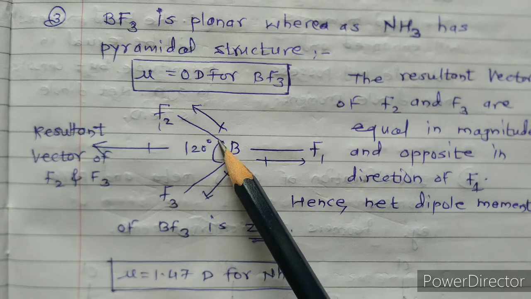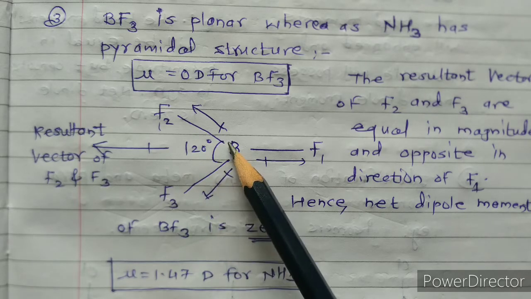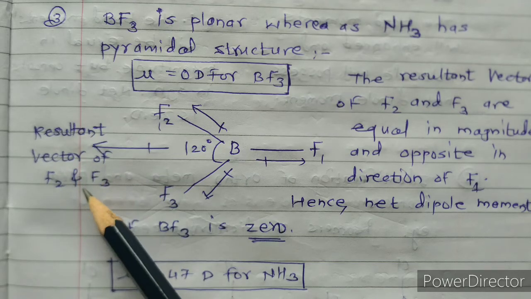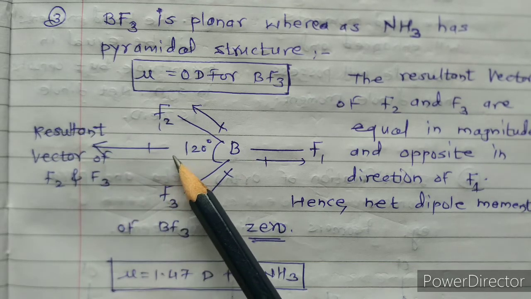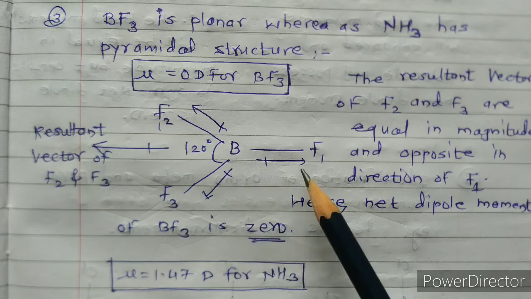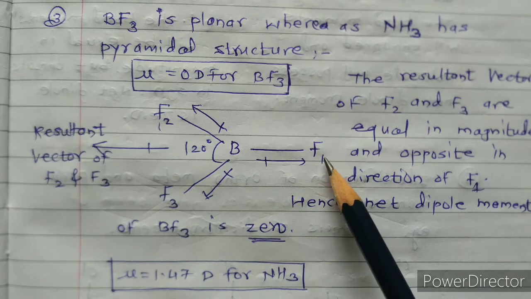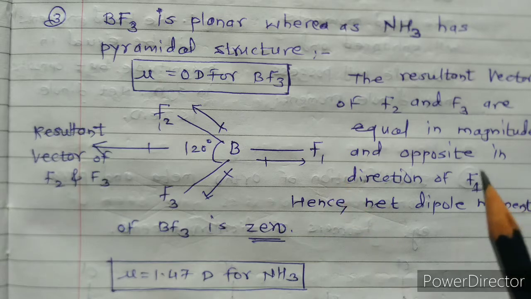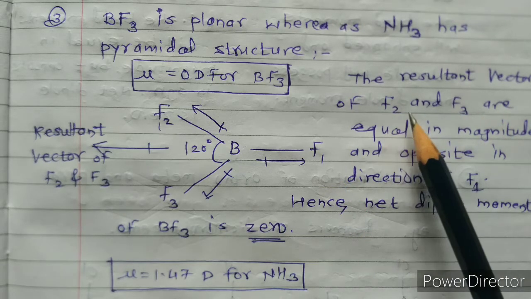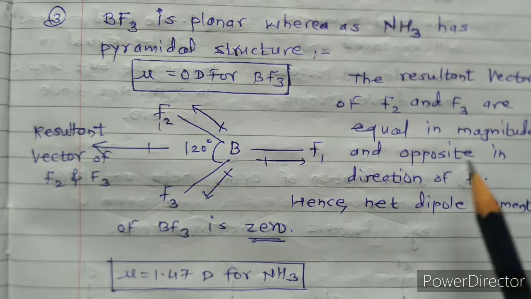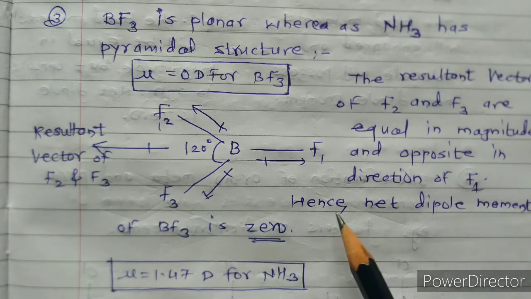The angle between F2 and F3 is 120 degrees. So the resultant vector of F2 and F3 is equal in magnitude and opposite in direction to F1, hence the net dipole moment of BF3 is 0.